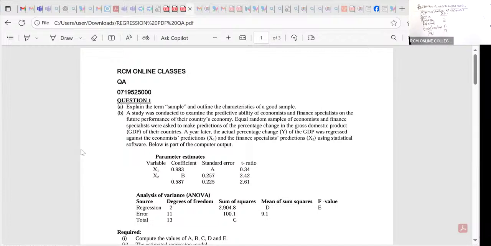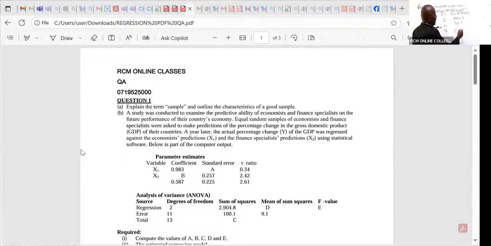And then we have the sum of squares. So sum of squares, what do we have here? I can see 2904.8. Then we have 100.1, and then we have there a C.